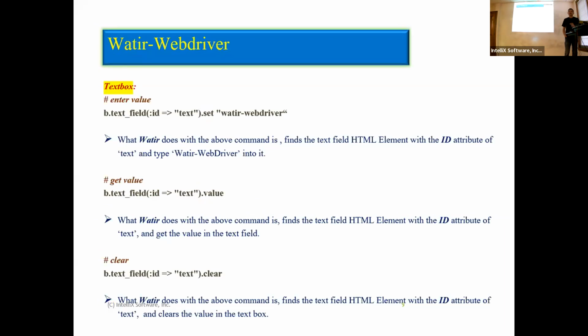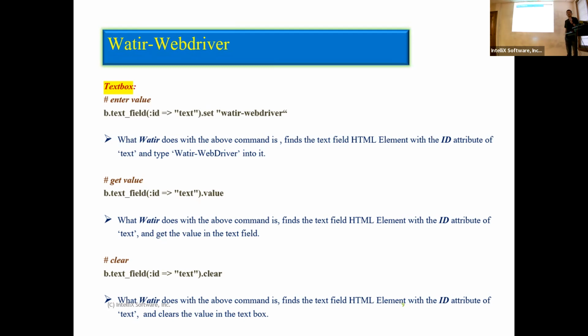Now, our main goal is, once we instantiate a browser and go to the site, we want to get a handle on the actual HTML elements and then maybe input the values, or read some value and so forth. So this is the way you can interact with the text box. b.text_field.